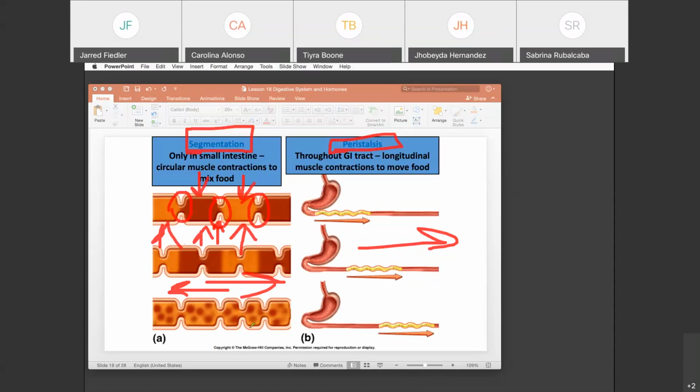I don't actually state it outright over here, but there is a back and forth movement because of the churning that happens. So if I ask you on the exam, true or false, the movement of chyme through the small intestines happens in one direction only, you say that's false because it happens back and forth. However, the net movement goes towards the large intestine. So be clear on that.